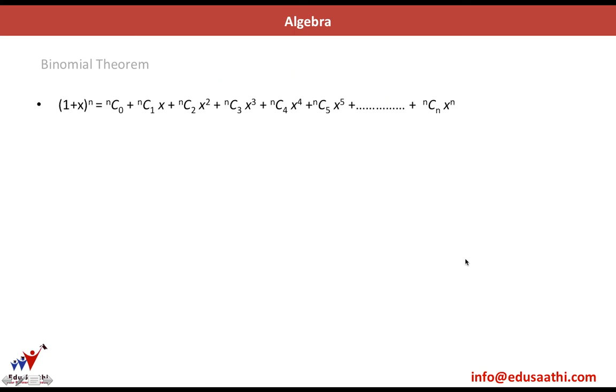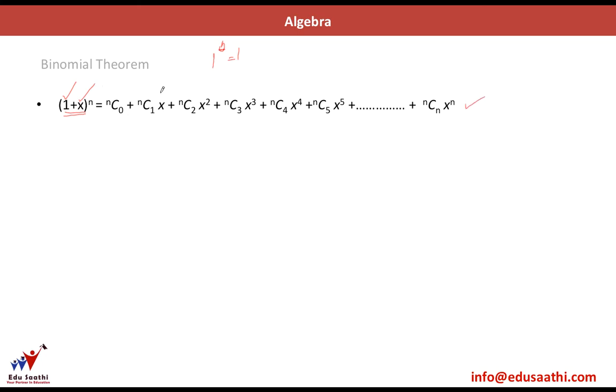Let's move ahead and let's look at some of the expansions. 1 plus x raised to power n. Now what is there? This is the first term, which is 1, and the second term which is there is x. So if I go ahead and write down the expansion, it will be nc0, 1 raised to power n. So 1 raised to power anything will always be equal to 1. So even if I don't write that term in the expansion, that is completely okay.